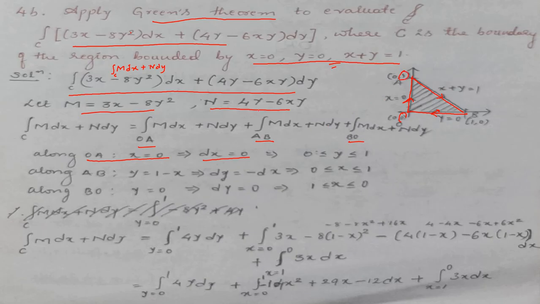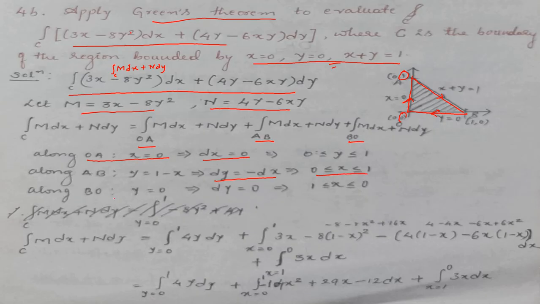Along AB, the line equation is given by x equal to 1 minus y, or y equal to 1 minus x. I have considered y equal to 1 minus x. When y equals 1 minus x, dy will be equal to minus dx. As we are eliminating y, we are left with the limits 0 to 1.